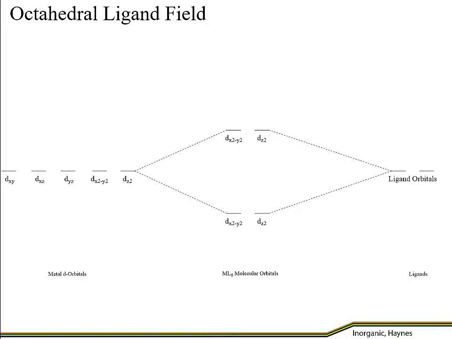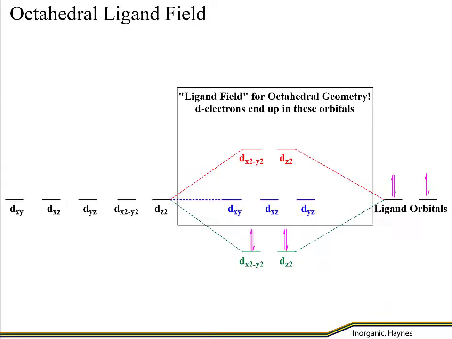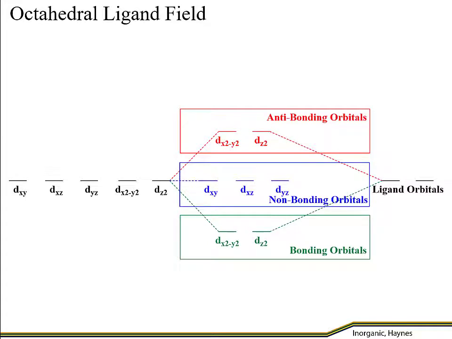So if we're going to put this whole picture together, what we're going to see is that we have these 3 different sets of orbitals. We have some low-lying orbitals that are our bonding orbitals that occur from the mixing of our ligands with our x squared minus y squared and dz squared orbitals. We have some non-bonding orbitals, and that was our xy, xz, and yz orbitals that originated on the metal.